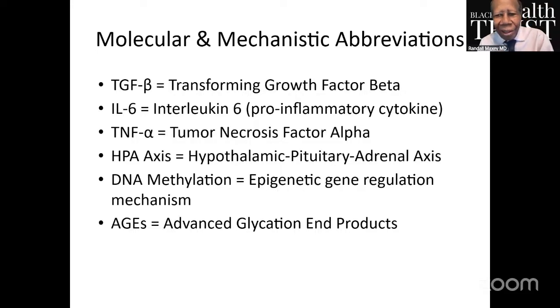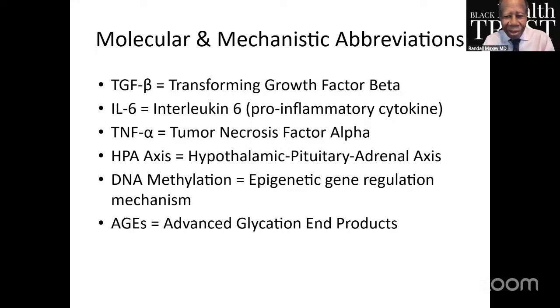So the molecular abbreviations include TGF beta, which is transforming growth factor beta. We're going to medical school. IL-6 is interleukin 6. It's a pro-inflammatory cytokine. We heard about cytokines a lot with COVID when it was bothering people. TNF alpha is tumor necrosis factor alpha.